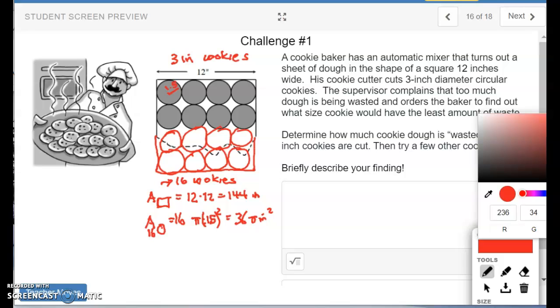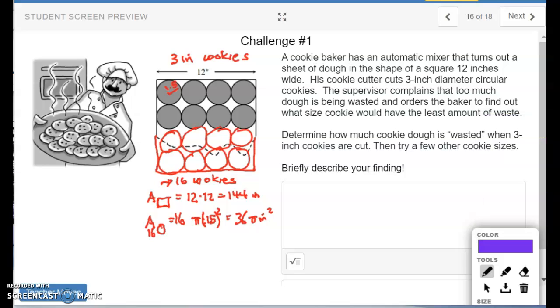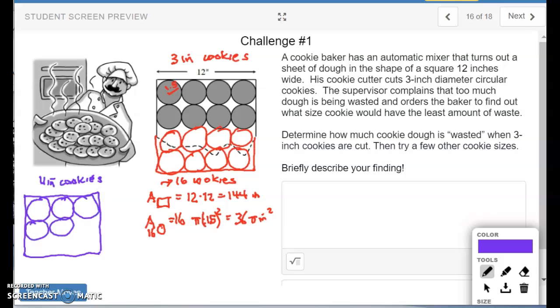Now let's consider what happens if we increase that to 4-inch cookies. First of all, you should be picturing this. In this case, you should be able to fit 3 cookies side by side, considering that we are still dealing with a 12 by 12 inch cookie dough sheet.